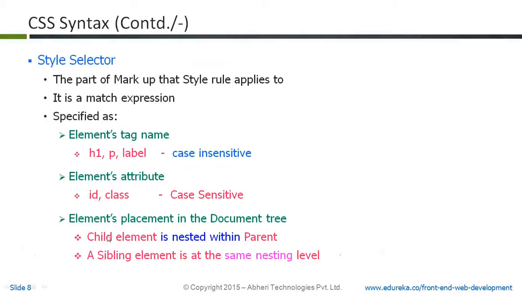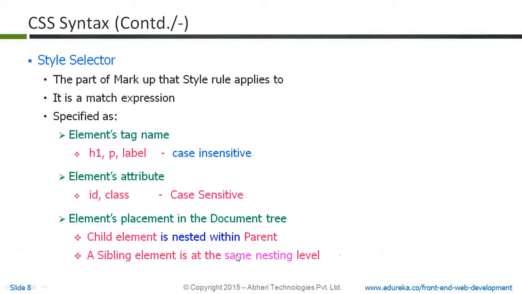There are a few terms. There is something called the document tree, which we will cover in later sections. For now, whenever I say child, it means the outer element is a parent and the inner HTML element is called a child. So basically, a child is nested inside the parent. That is the terminology, parent and child.